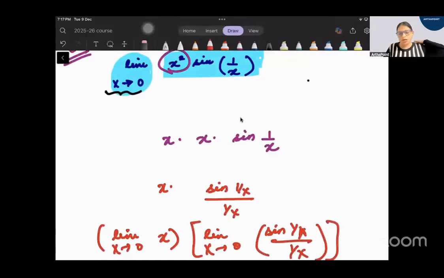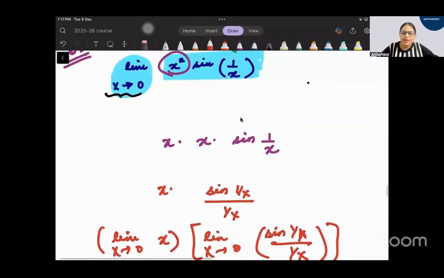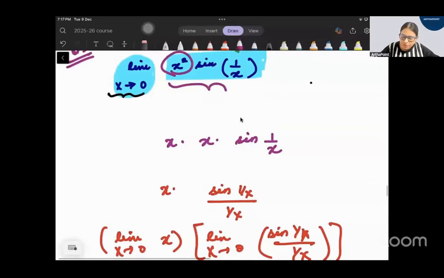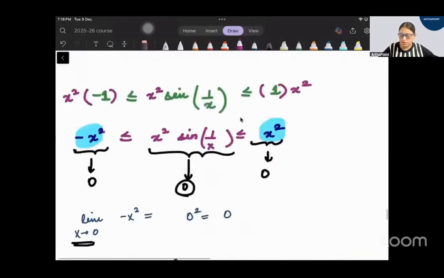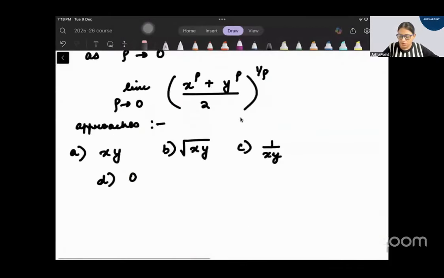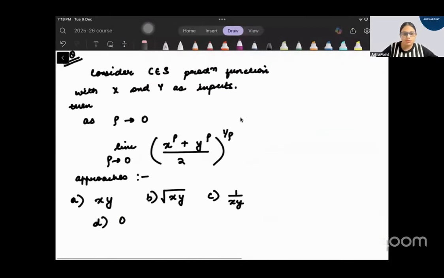Just apply limit individually and get the answer. So again, there are many ways, up to you how you want to solve, but you would see that this example usually comes in the squeeze theorem example. Okay, just try this one.